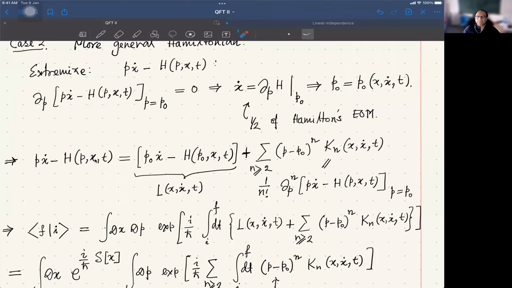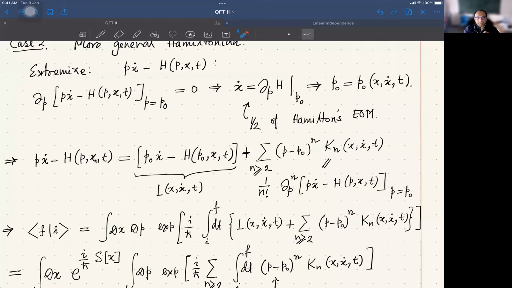And for the momentum, there are two types of functions involved here. One is x of t, a configuration space path, and p of t is a momentum space path. And now we have extremized along the momentum space paths, or have done a stationary phase expansion, in the sense that we have expanded the integrand around a point where the momentum space integral has been extremized.